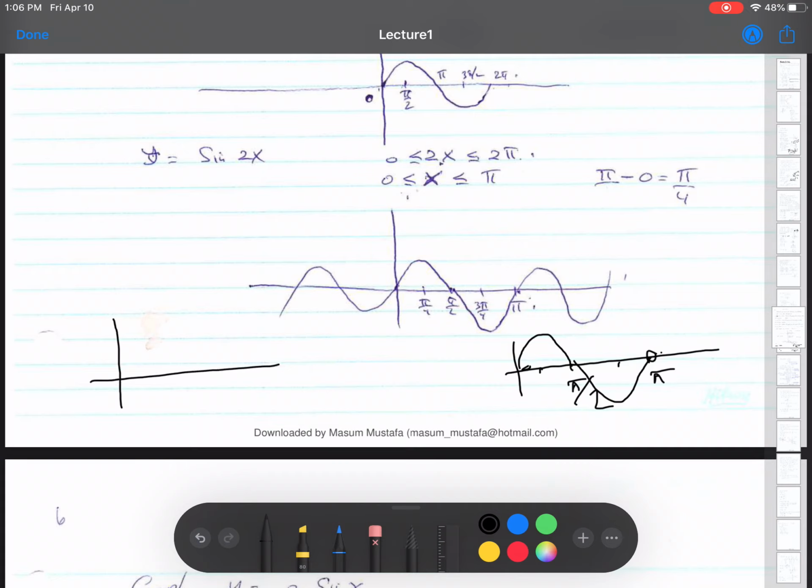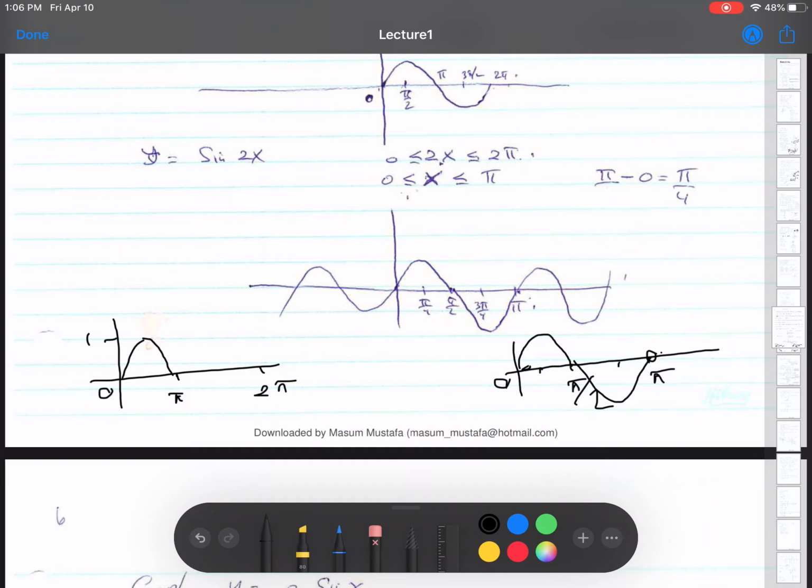So we know the maximum period is 2 pi, okay, and another period is pi. So between 0 and pi it will have the maximum value, which is equal to 1, and at pi it will be 0.